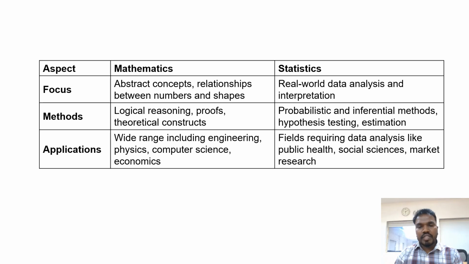Then we have geometry, where we discuss different shapes like 2D and 3D geometry. When it comes to statistics, we mainly focus on data analysis and its interpretation. In mathematics we generally use proofs, theoretical theories, and logical reasoning. But in statistics, we use probability and inferential methods.